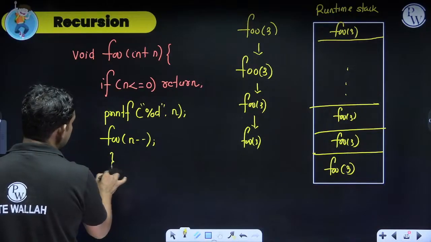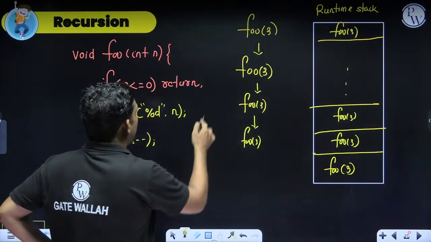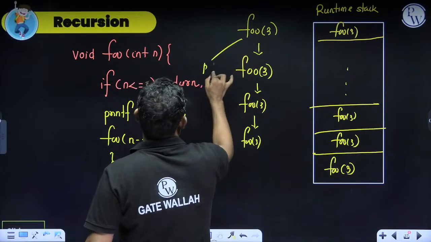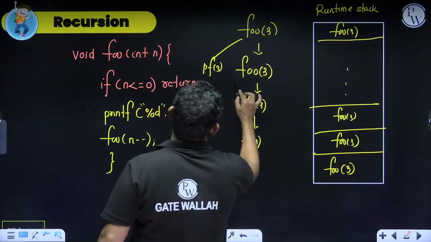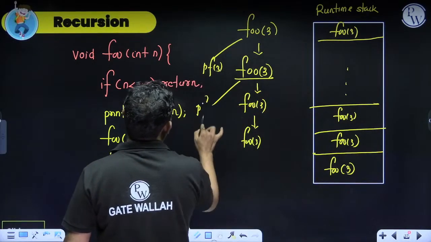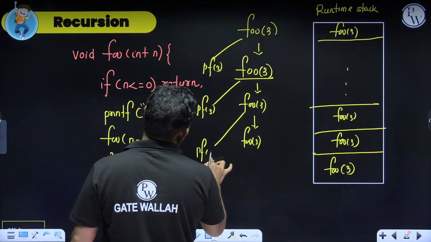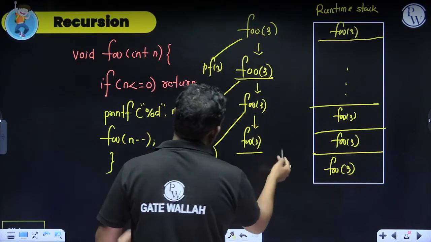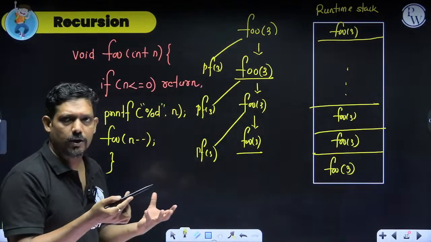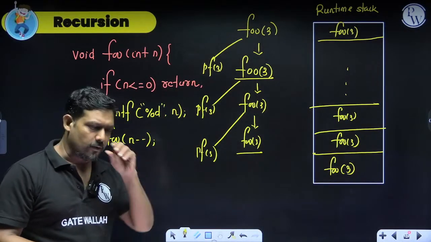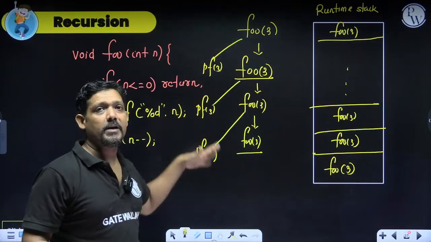Now you can see what will happen. foo(3) will first print, so it will print 3 only. Then you call foo(3), then again printf 3, then again call foo(3). So again foo(3) is calling foo(3) only. Again the runtime stack will fill, but this 3 will keep on printing.